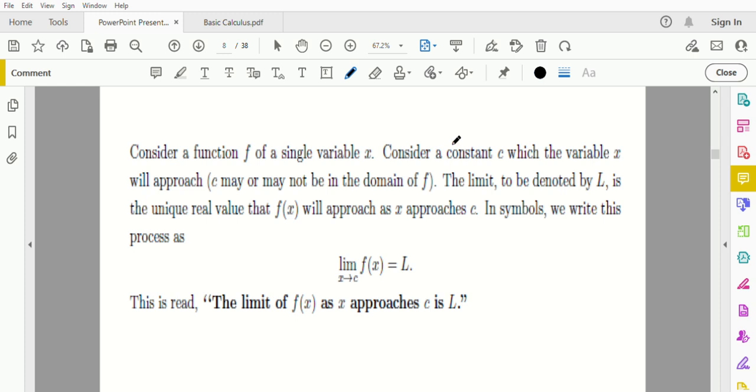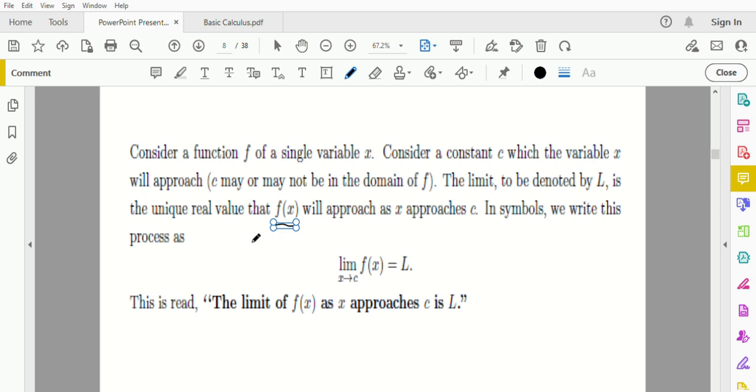The limit, to be denoted by L, is the unique real value that f of x will approach as x approaches c. I repeat, the limit, denoted by L, is the unique real value that the function will approach as x approaches c.